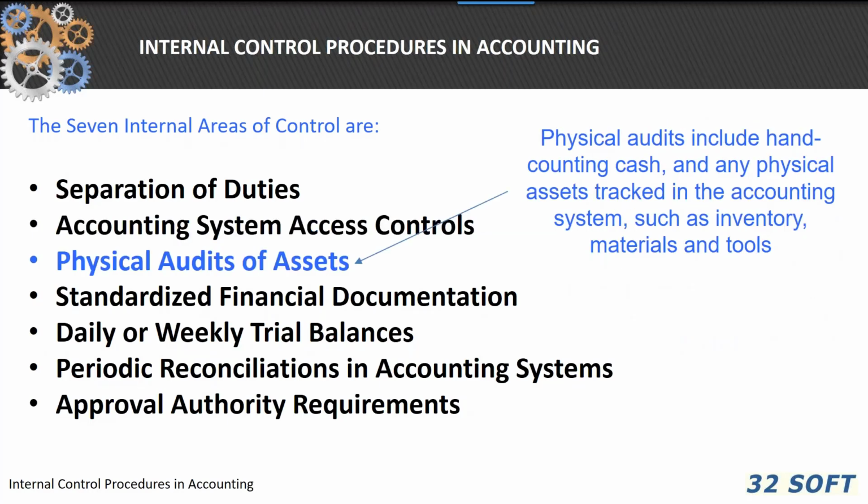It's always a good idea, and I'm sure a lot of us still do physical inventories. It's recommended that the accounting function do physical hand counting of cash and count physical assets.